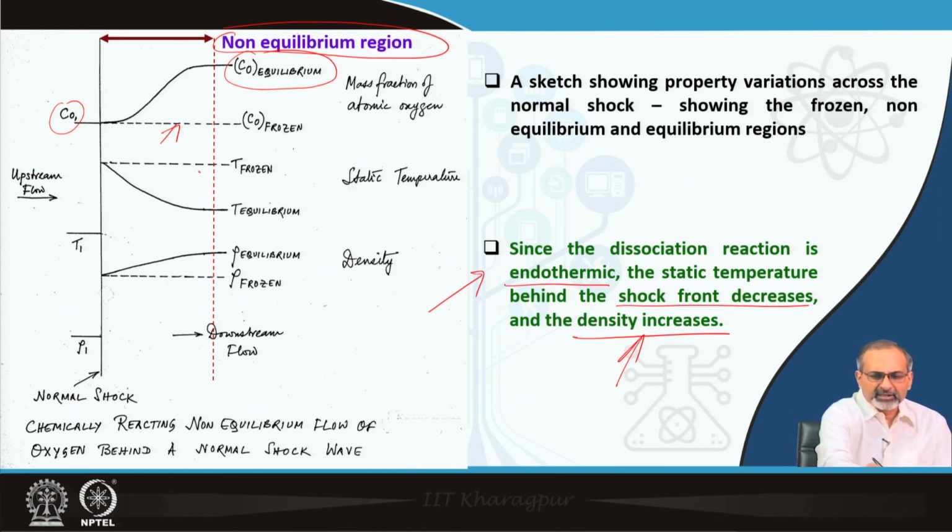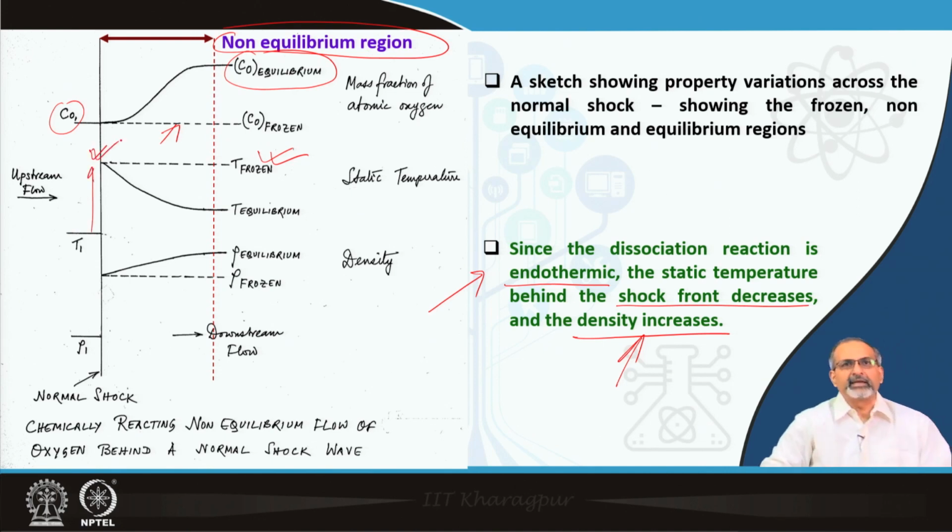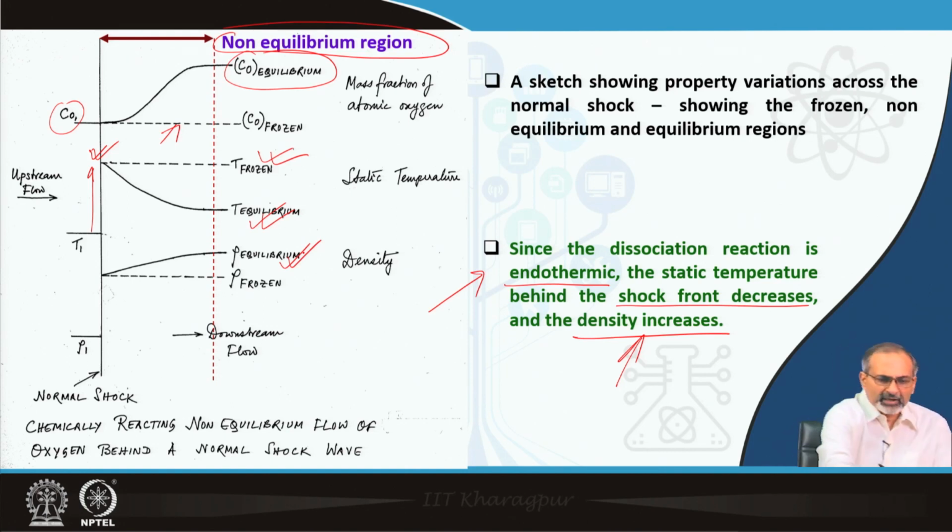Because of the dissociation, the temperature which rose from T1 to a rather high value, which we indicate as the T frozen value, gradually reduces to an equilibrium value which is much lower. As the gas cooled itself, it also gained in density, and therefore went much beyond the frozen density value. Again, in density also there was a sharp jump across the shock, which we get from the Hugoniot conditions.